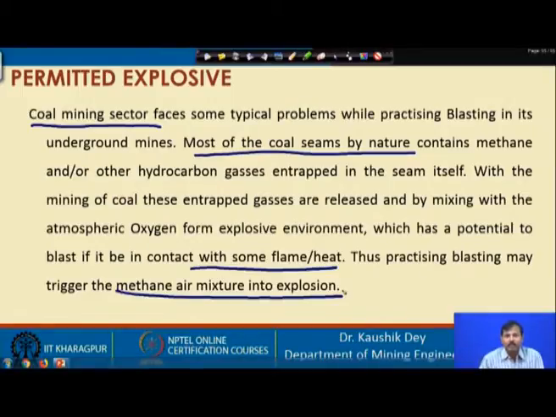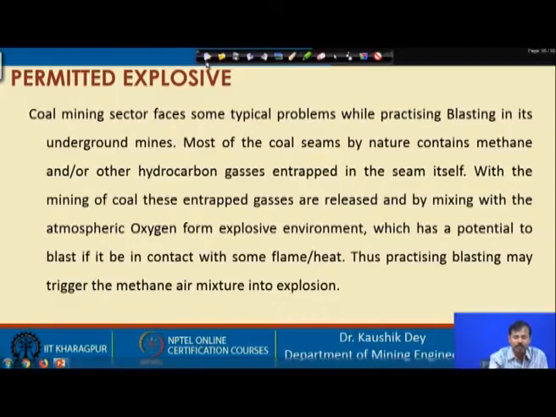So, while blasting in underground coal mines, or in a place where there is a chance of entrapped methane, all should be cautious enough, because that basically depicts an explosive environment. Blasting carried out in an explosive environment is very dangerous, and precautions must be taken.